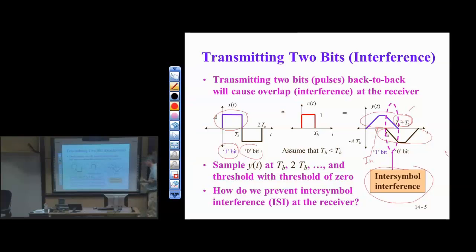So I'm going to get a different answer. And if I add some noise to this, I'm more likely to make a mistake. So intersymbol interference generally causes additional errors in the receiver.